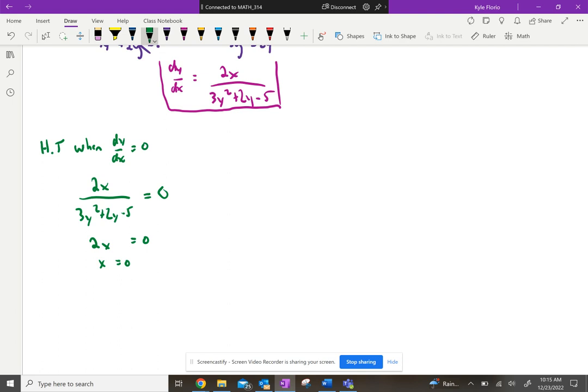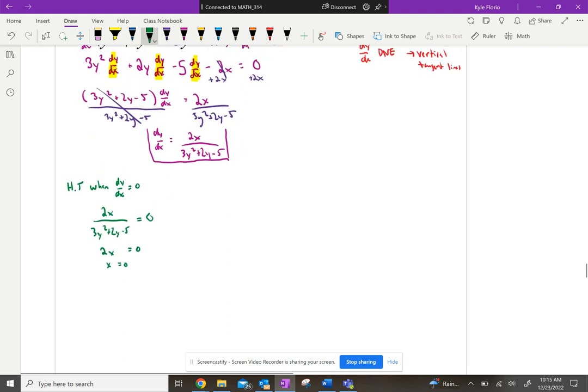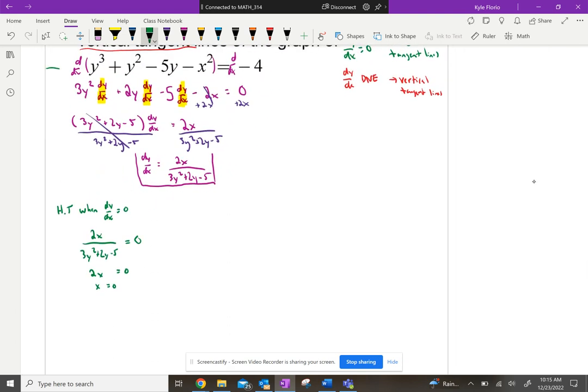But remember that the derivative depends on x and y, so we need to find the y value too, because there could be different y values at that particular x value. So what we're going to do is plug 0 back into the original equation and solve for y. So I'm going to rewrite this equation, but replace x with 0: y cubed plus y squared minus 5y. Oh, the original?